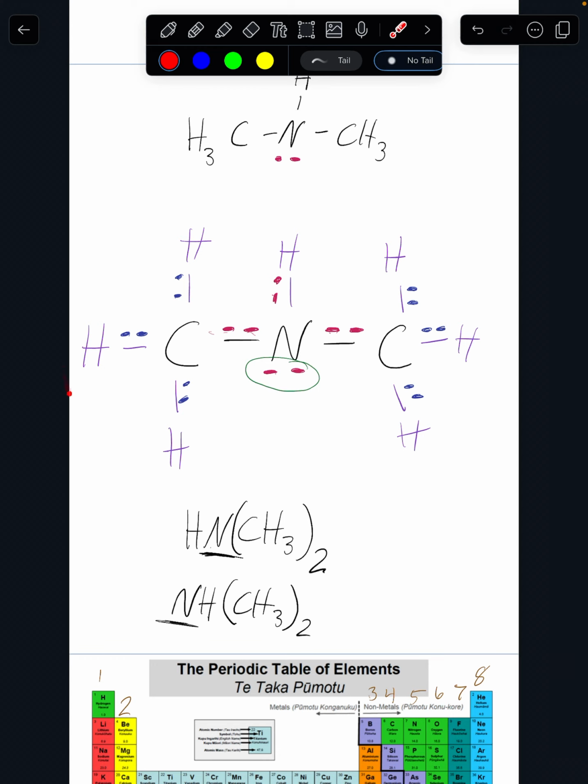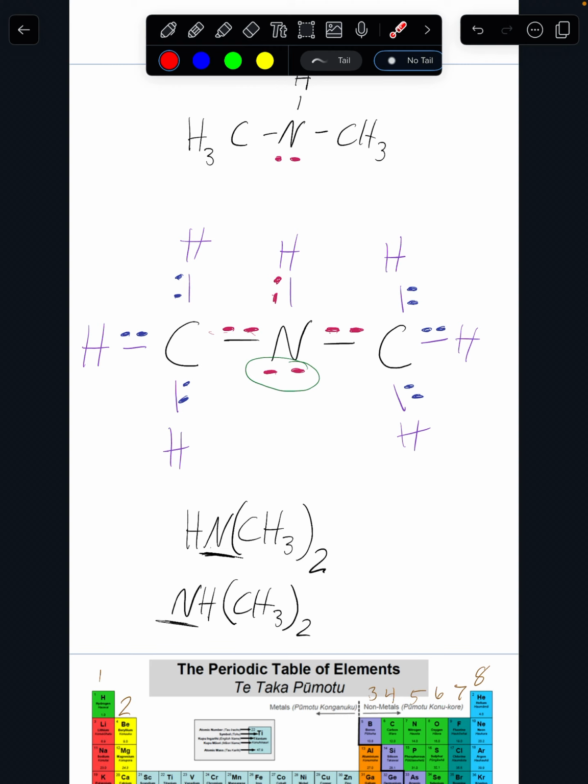Now, there are 2 of these that are the exact same, connected to the exact same atom, the center. So what you would do, much like an exponent, you'd do the CH3, put the brackets around, and then you have 2. So you know there's 2 of them within the whole structure.